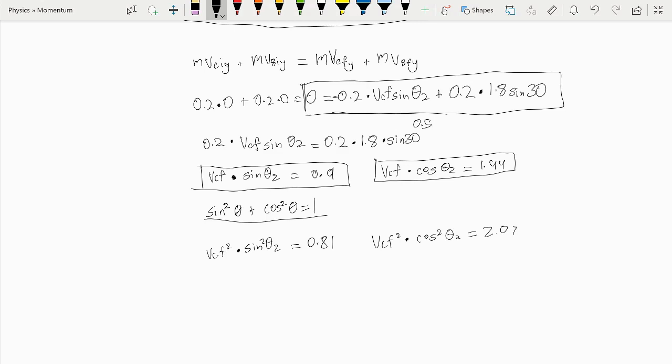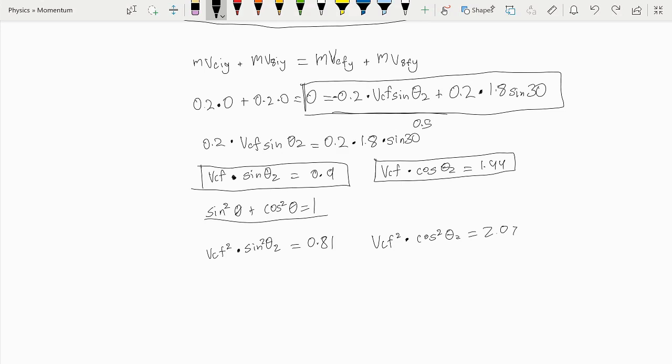And now I'm going to add these together. Since these two are equal, we can just simply add up each side of the equation and they would still be equal.